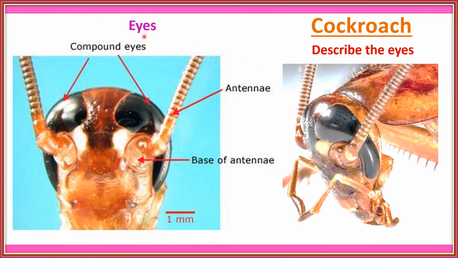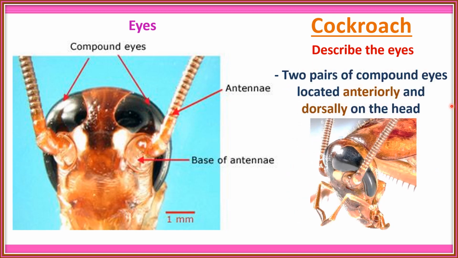Now we look at the eyes. They have the compound eyes, which you can see beside the antenna. Describe the compound eyes. It has 2 compound eyes located anteriorly.